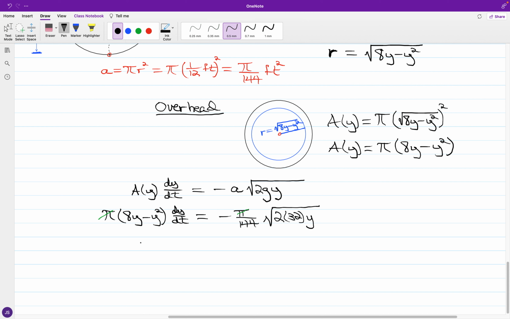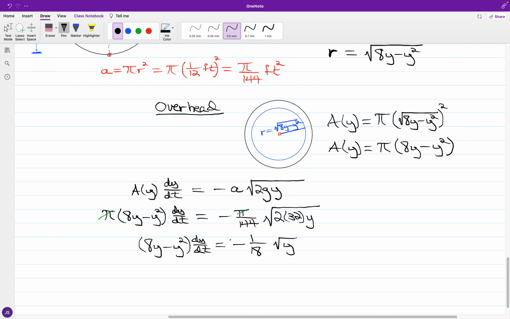So we have 8y minus y squared, dy over dt, is equal to negative 1/18. That is from the square root of 64 over 144. And we have times the square root of y.